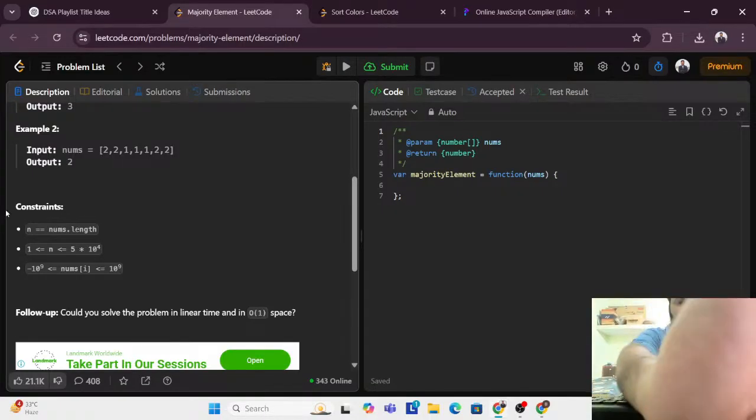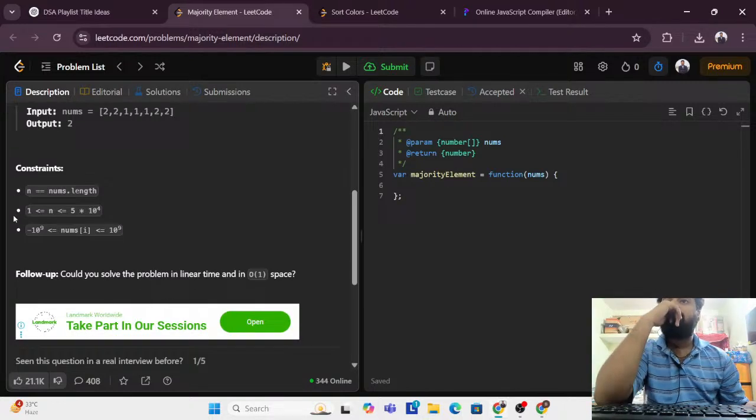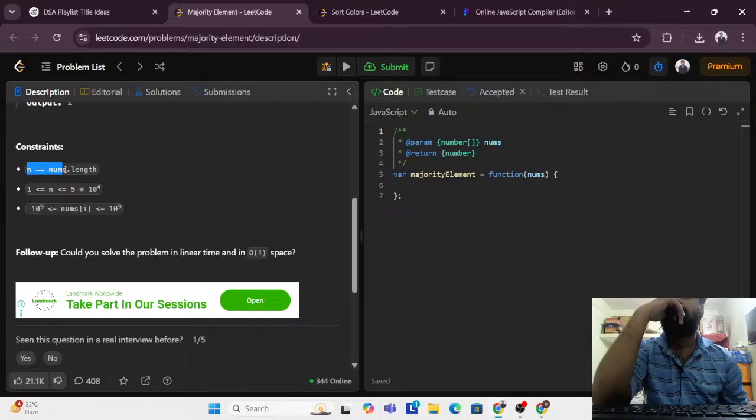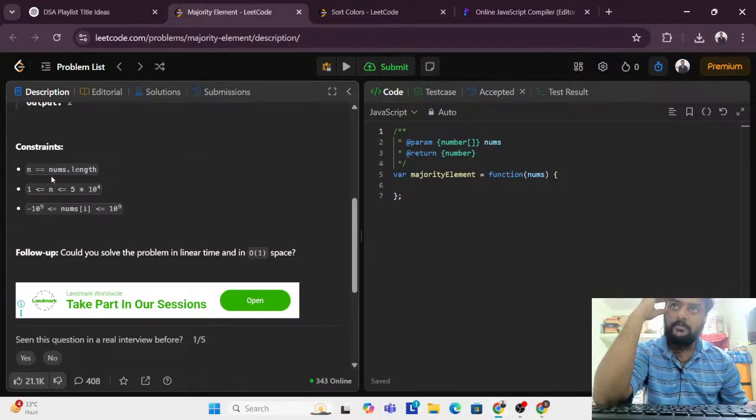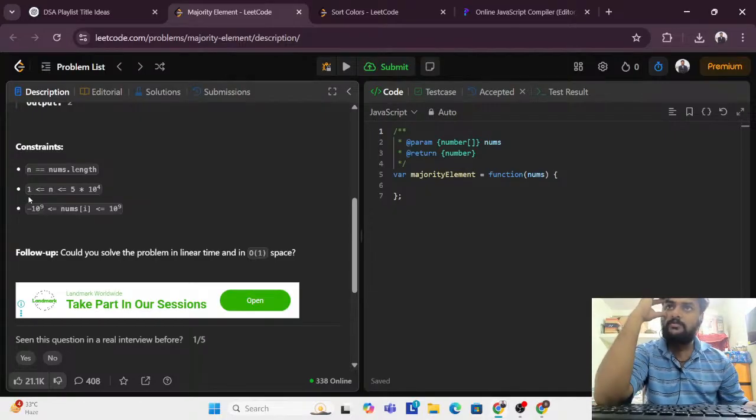I do understand that n is the length of the array, which I guess is always true, so why is it even there? Okay, but no problem. We'll move further.